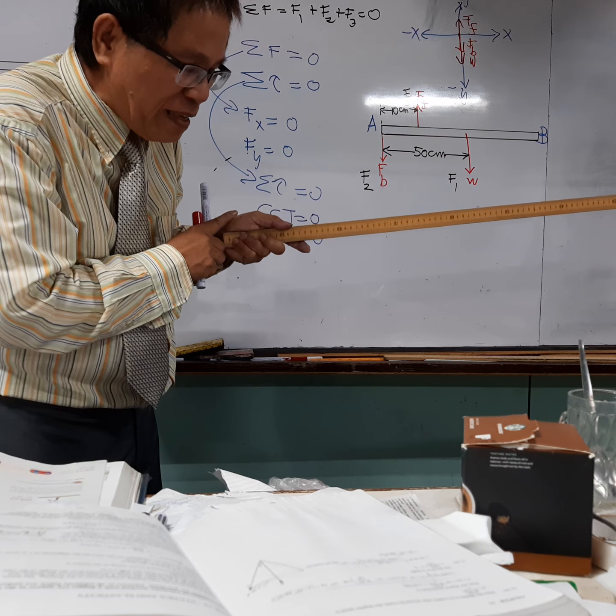And therefore, by the formula, torque is force times the moment arm, or the moment arm times force, because you can write this one as R sine theta times F, the same as F times R sine theta.